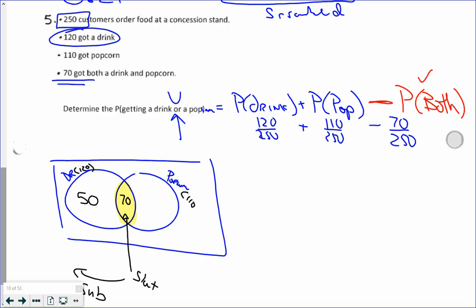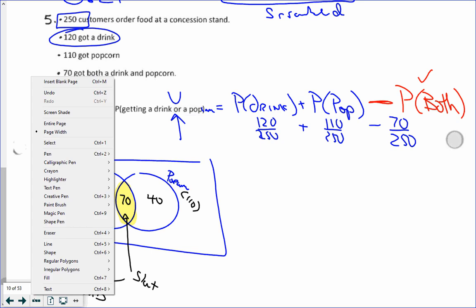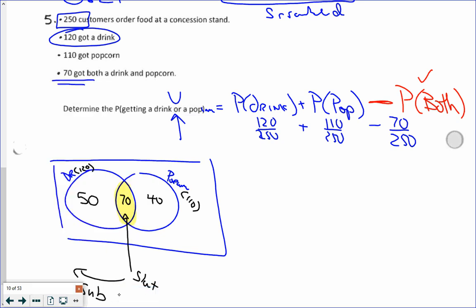The popcorn total was 110. So 110 minus 70 is 40. Now, yesterday, when we did set theory, or is the same thing as saying union. Union is this, this, and that.